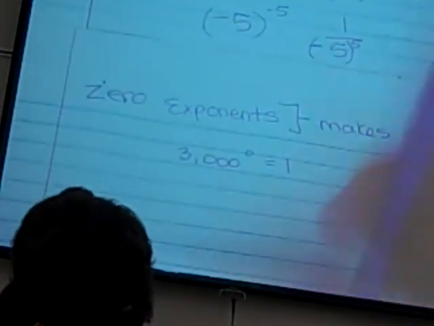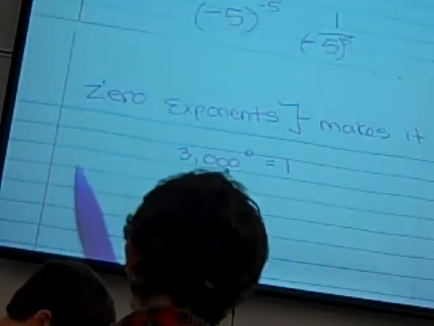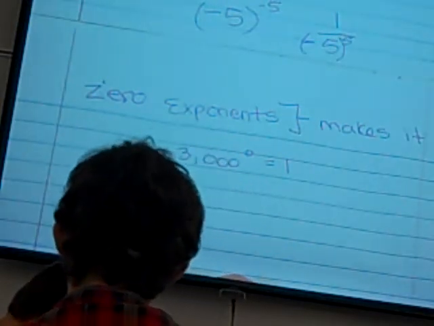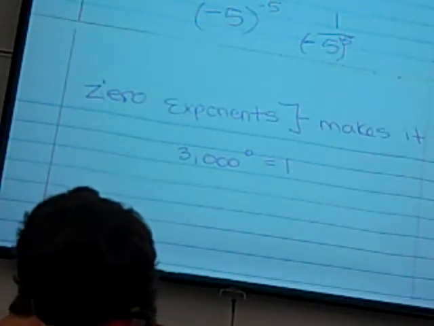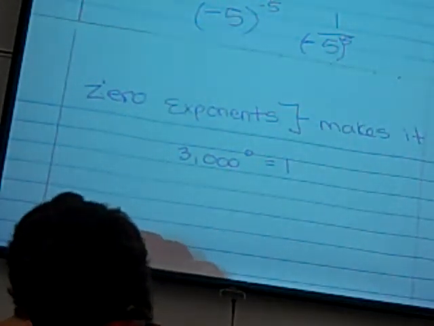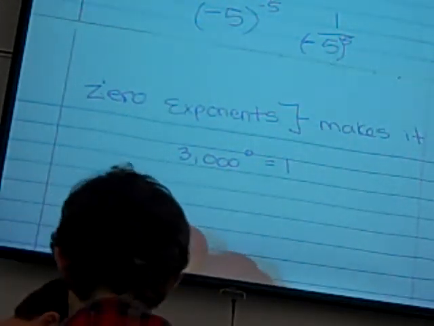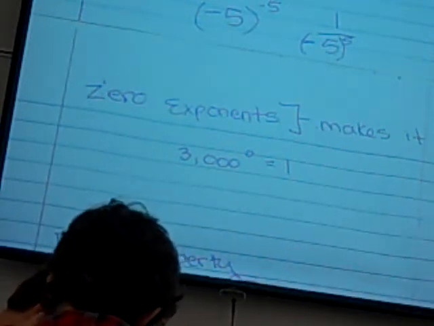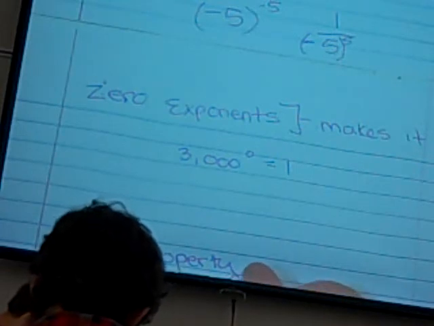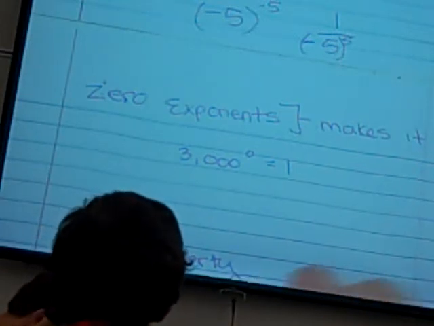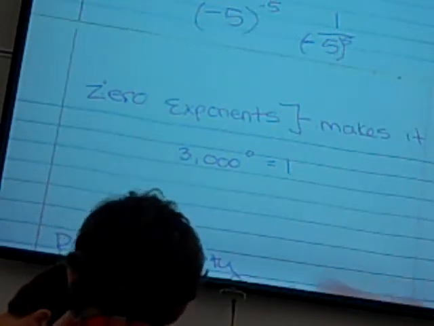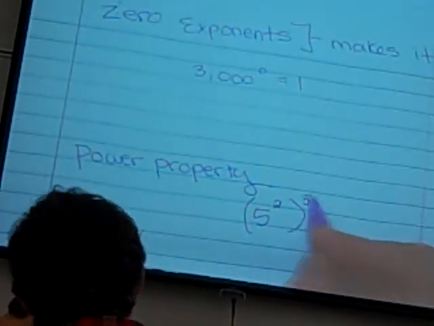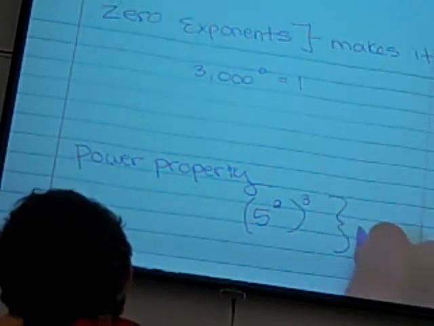Okay. Just a couple more. So we've had 1, 2, 3, 4. We're going to do 7 of these. You're going to want these for the thinking math we're going to do today. Okay? So the next one is the power property. And the power property says, if I have a number to a power, and another power on it, I'm going to take these exponents and multiply them.